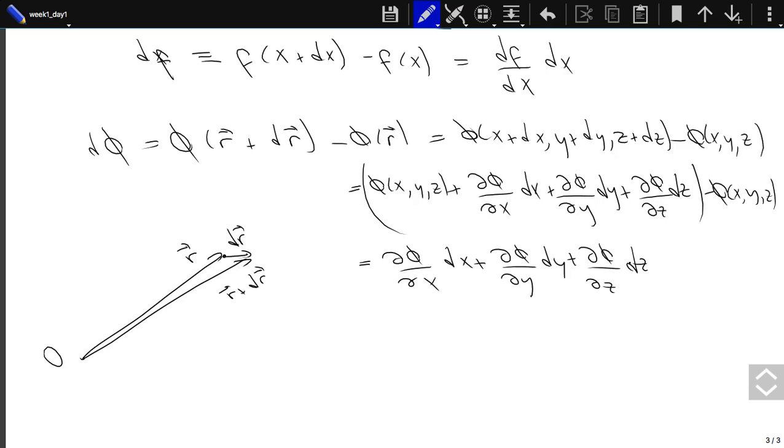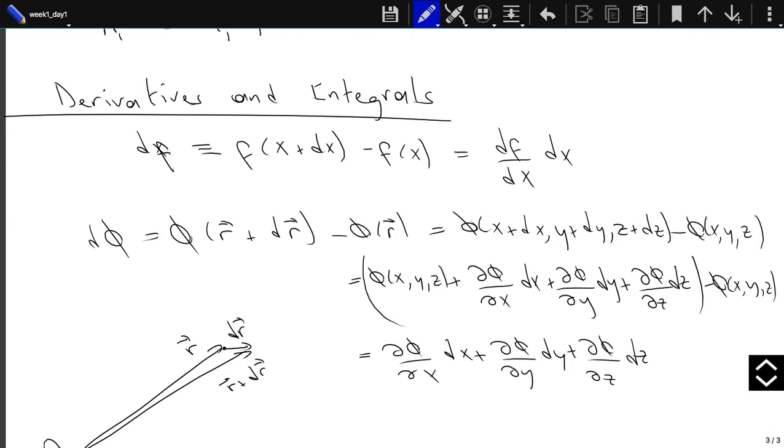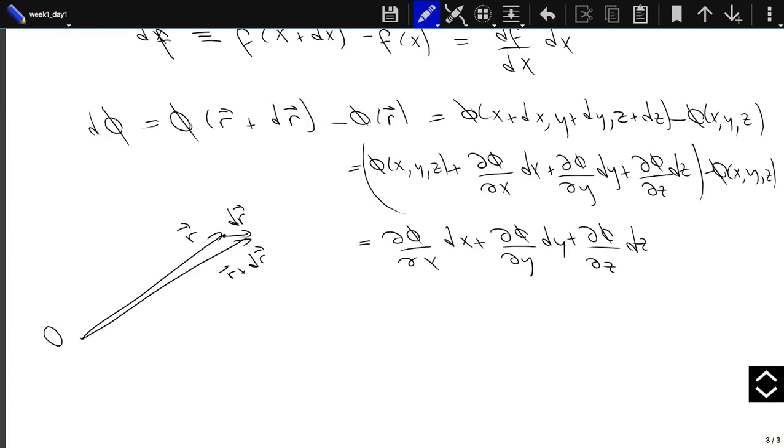Well, if you look at that first line again, we have a function of one variable. Here we have the derivative with respect to that variable. This line over here also, well, this is the generalization to three variables, but we can just combine them. Let's just write it in this form.